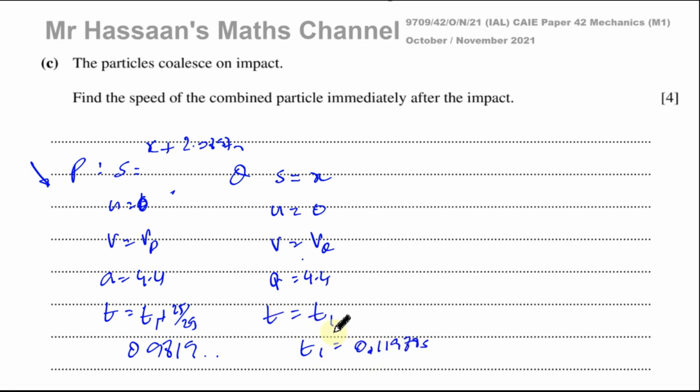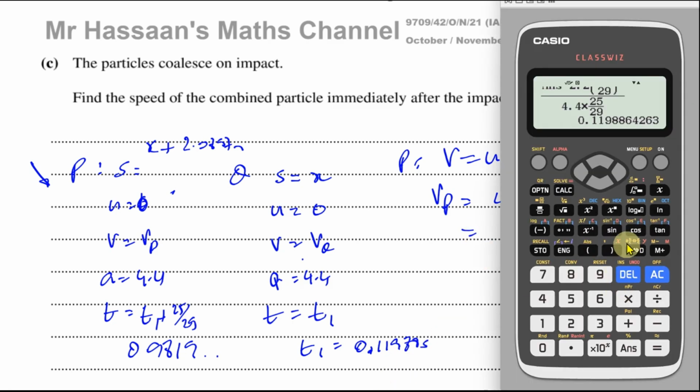So we know the times that they'll be moving for. For P, we can use V equals U plus AT. So VP is equal to U, which is 0, plus A times T, which is 4.4 times 0.9819.